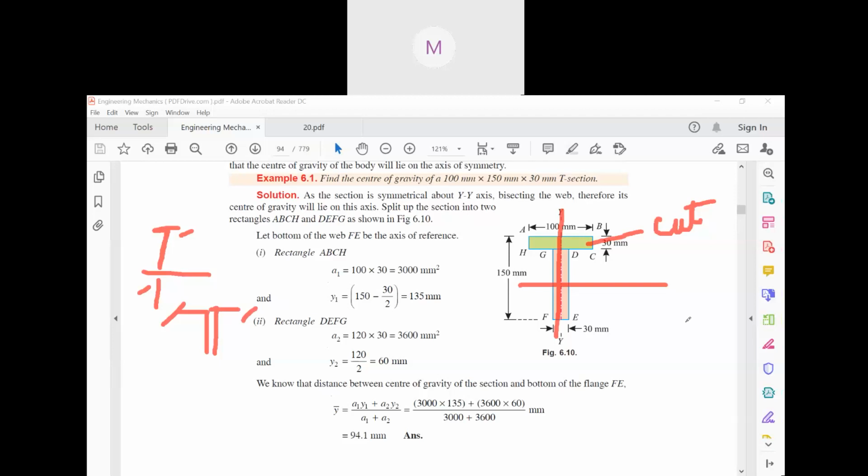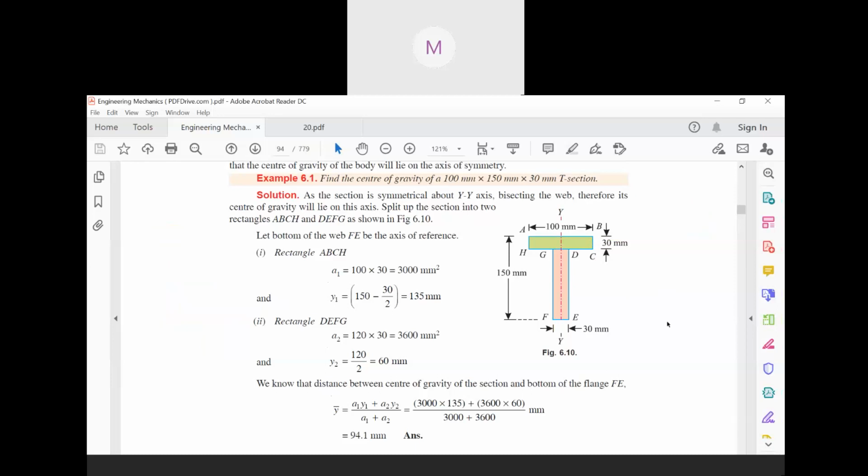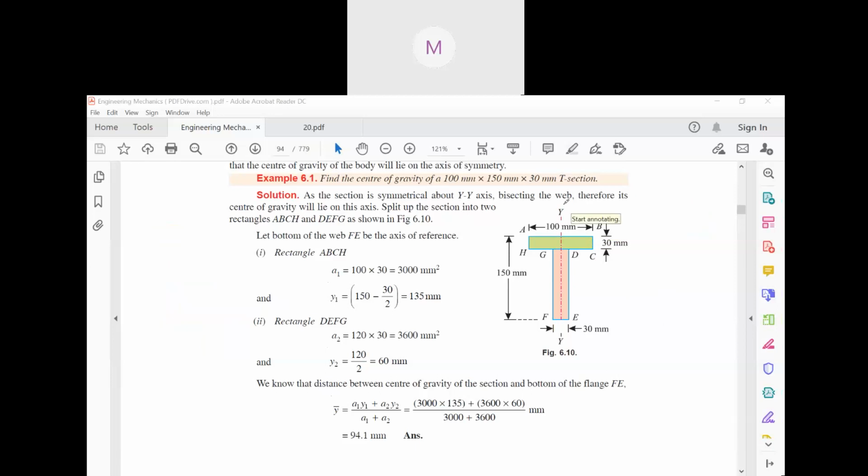Yes, sir. Okay, good. So now if you pay attention, we'll have to find out first in which axis it is symmetrical. Now look, if you cut the figure here, it is symmetrical about the y-axis, right? This is the y-axis, yes or no? This is basic class 10 mathematics.